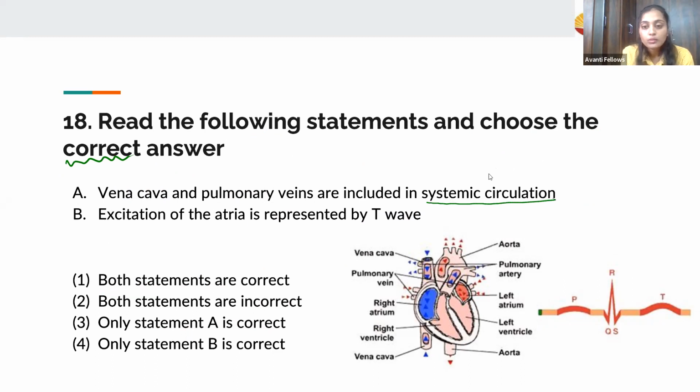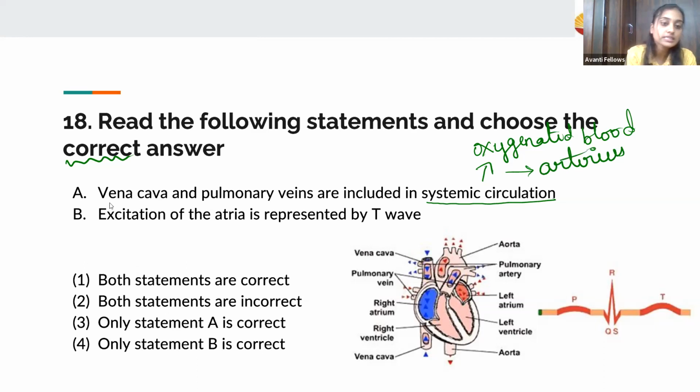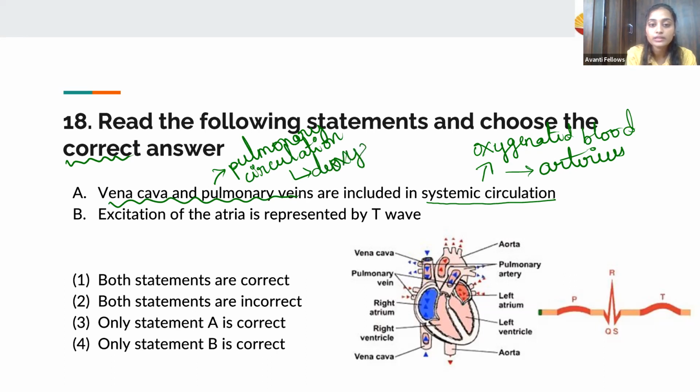No, because the systemic circulation carries oxygenated blood through arteries, and vena cava and pulmonary veins are included in the pulmonary circulation, which carries deoxygenated blood.